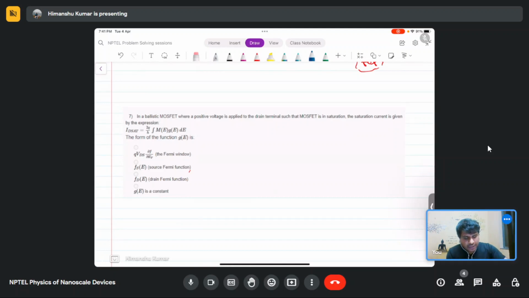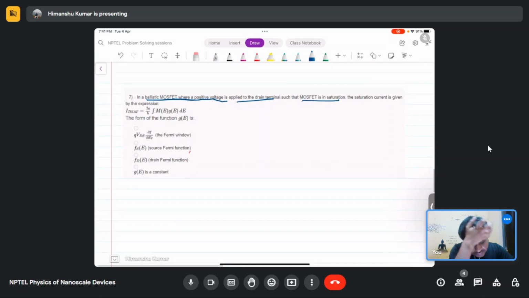So in a ballistic MOSFET, where a positive voltage is applied to the drain terminal such that the MOSFET is in the saturation region, the saturation current is given by this expression.